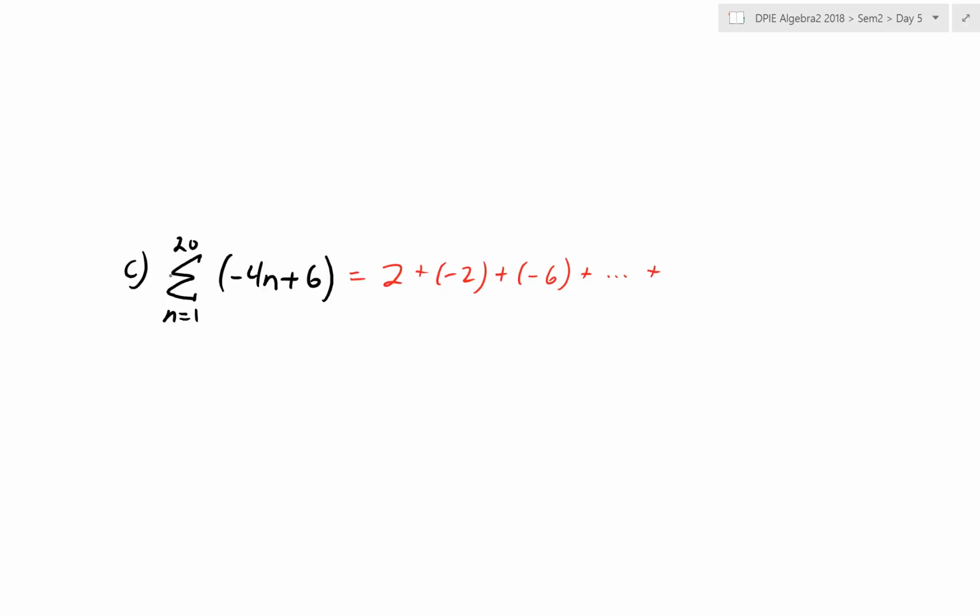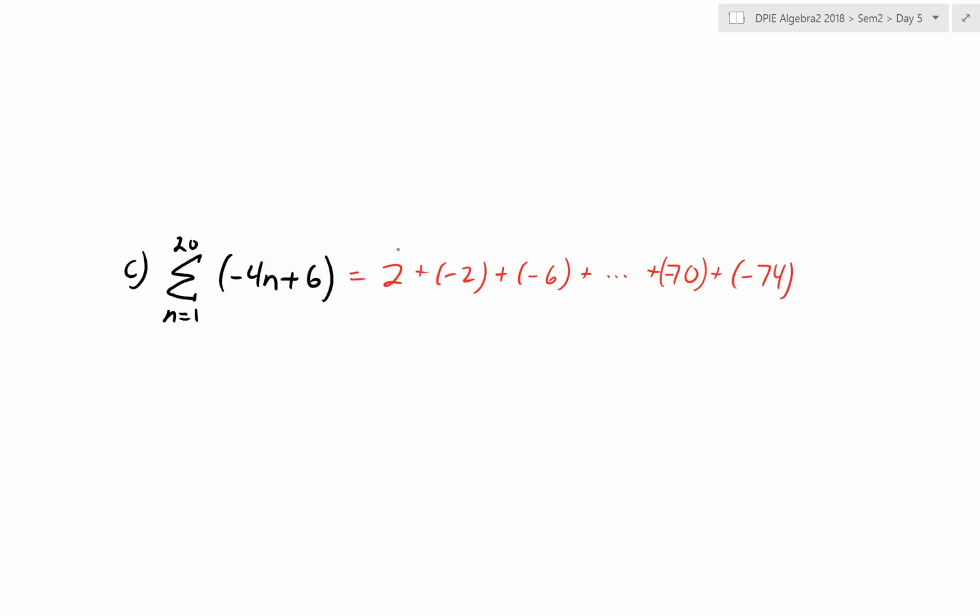The second to the last term, when I put in 19, negative 4 times 19 plus 6 is negative 70. And then the last term, when I plug in 20, negative 4 times 20 plus 6 is negative 74.